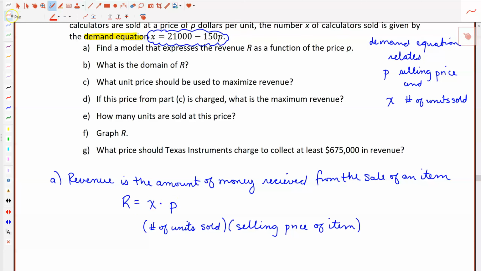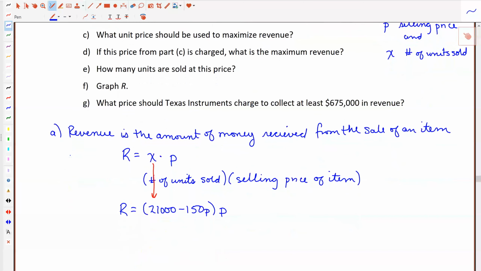So what we can do is write this revenue as a function of the price P. We're going to swap the variable X out and use the fact that X is equivalent to 21,000 minus 150P. I'll put that in for the variable X, and then I'm going to go ahead and clean that up.